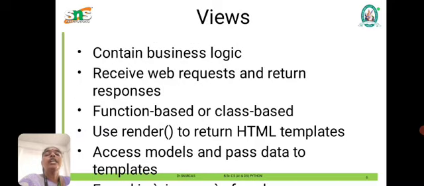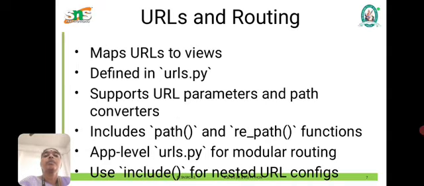And views hold the business logic, the user's point of view for viewing formatted content, whenever a web request is made and a response is retrieved. They can be function based or class based, rendered to return an HTML template, and it is possible to access a model through a template.